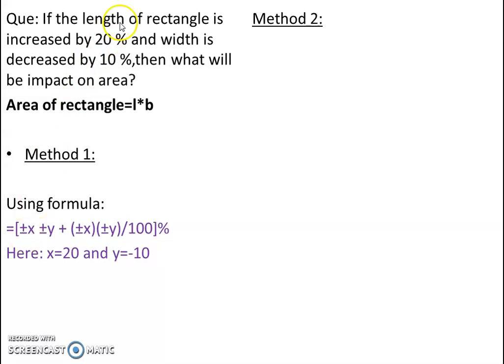So here length is increased by 20, so value of x is 20, and width is decreased by 10, so here y is minus 10. So when we put these two values in the formula, the value will be calculated as 8%. So that means there is 8% increase in area.